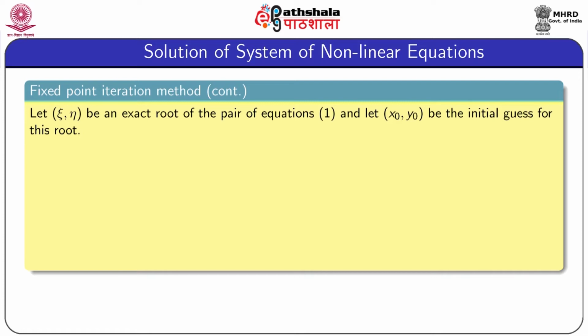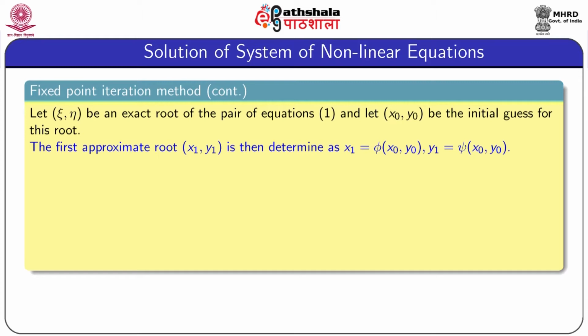Now, let (xi, eta) be an exact root of the pair of equations mentioned in equation number 1, and let (x0, y0) be the initial guess for this root. Then the first approximate root (x1, y1) is determined as x1 equal to phi(x0, y0) and y1 equal to psi(x0, y0). So, these are the first approximate root obtained from the functions phi and psi.